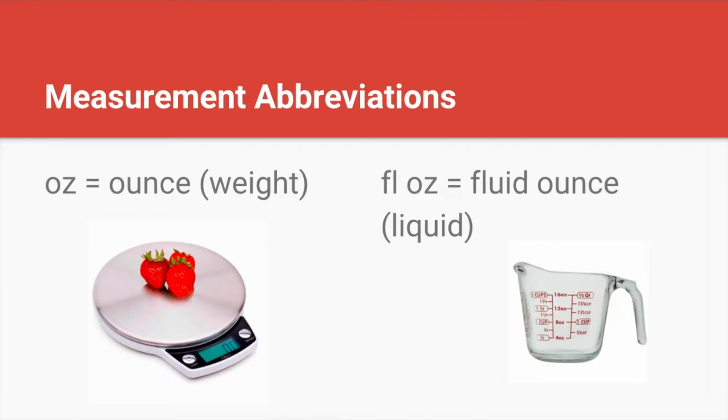Generally, liquids are fluid ounces and solids are in weight. So take, for instance, our chocolate in this recipe. This asks for 4 ounces of bittersweet chocolate, coarsely chopped.